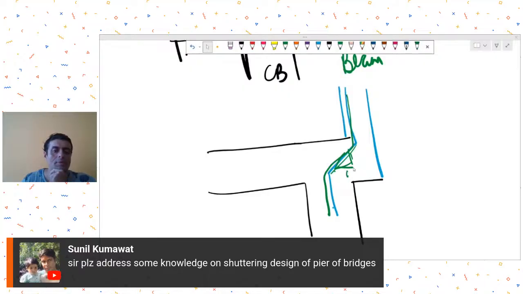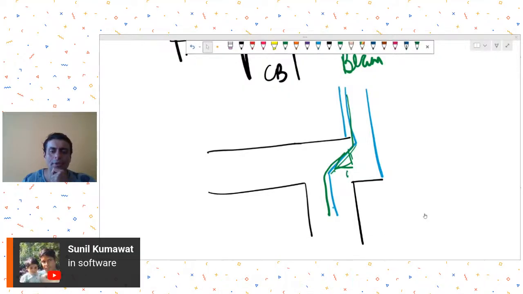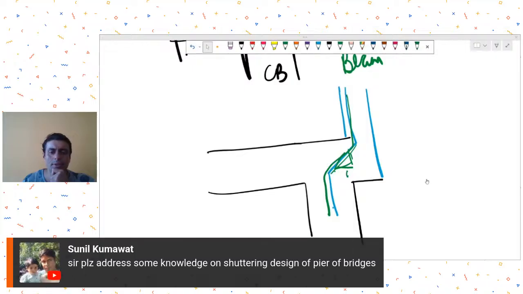Mr. Sunil Kumar is asking, please address some knowledge on shuttering design of piers or bridges in software. So I have never done bridge pier shuttering. For piers, I don't know.